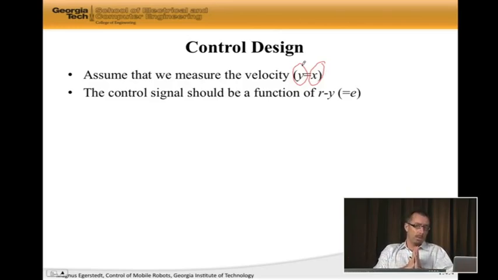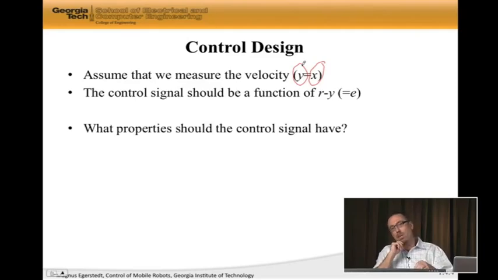And now, the control signal should be a function of r minus y, where r is the desired velocity, and y is the actual velocity. And I'm going to call this e, which stands for error. And our job as control designers is to make the error disappear, drive the error down to 0.